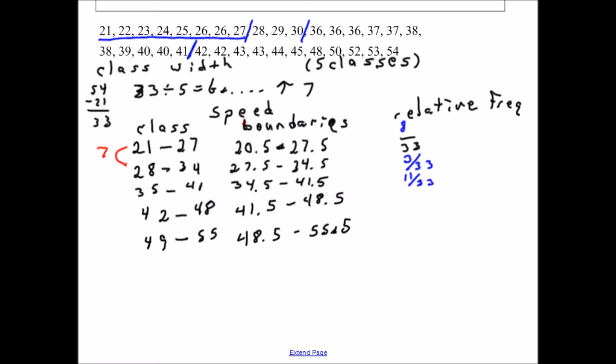The next group, ending at the 48, giving me 7 out of 33. And then the last group has 4 out of 33. If you add those up, that should sum up to 33 out of 33, a total of 1 for the sum. But that denominator is always the 33.